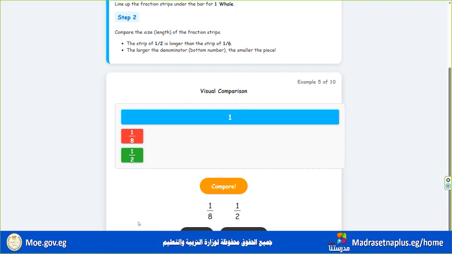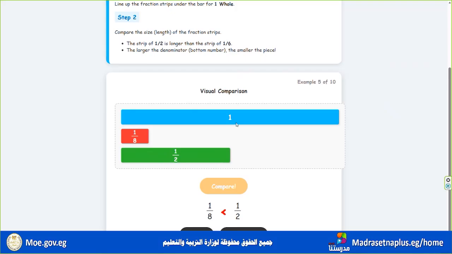Can you guess which is larger, 1/8 or 1/2? Yes, 1/2 is larger, 1/2 is bigger, 1/2 is greater. You can see this is 1/2.